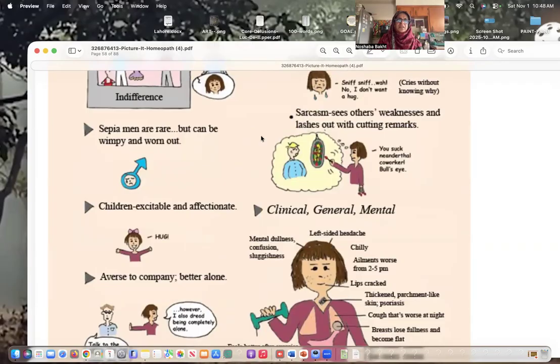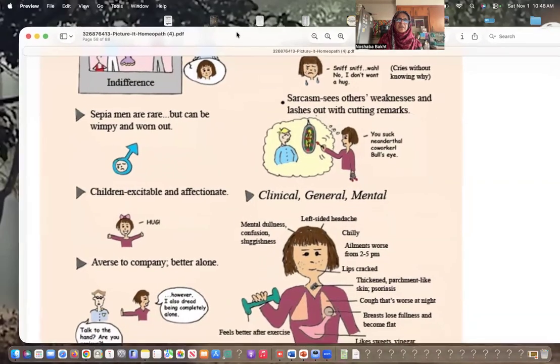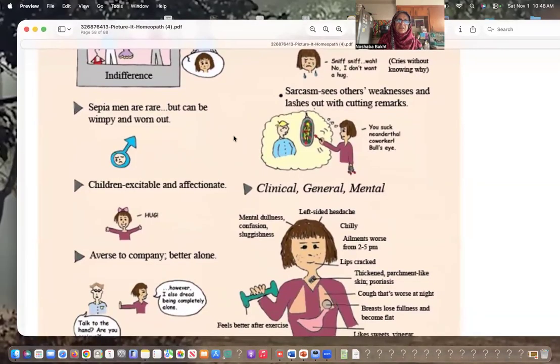But suddenly they say, "I don't know what has happened. Everything has changed." And they just don't want to be around anyone. They were happy, affectionate, and now they're quiet, indifferent, sarcastic. They feel better after exercise.